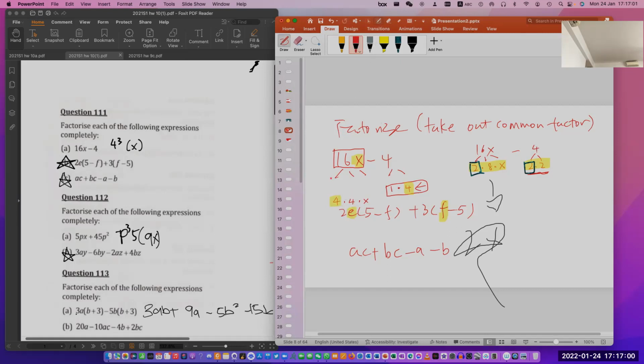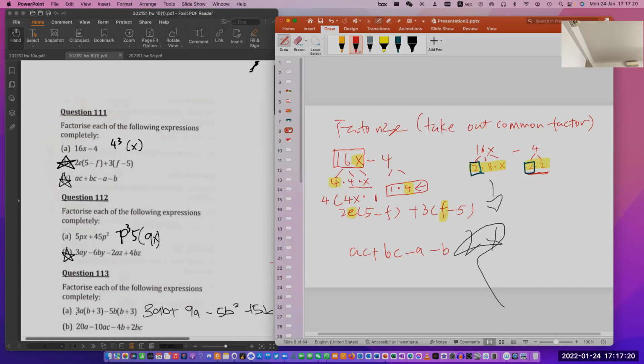So it should be 4 times x. And 4 is common, so I just take out the common 4. Then I have 4x left. If I take out the 4 from the 4, I get 1 left.